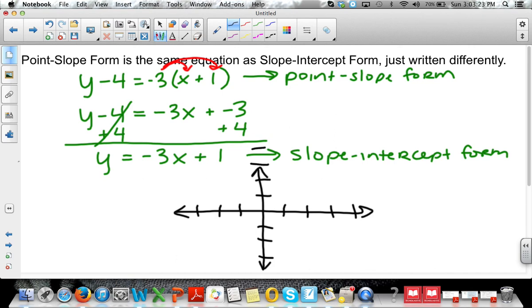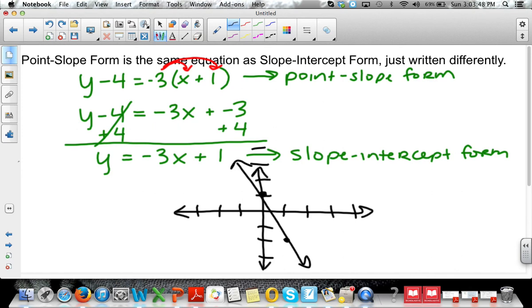Okay. So I've got 1. My slope is negative 3. Okay, so over here. Hang on. Alright, so to graph this one, I used slope-intercept form.